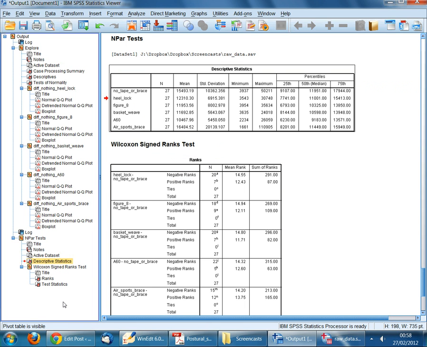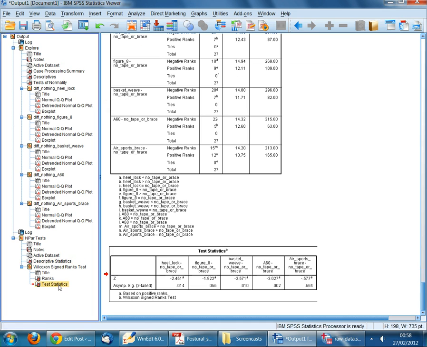Then go to the actual results, which are reported under Test Statistics, and what you look at here is the Asymptotic Significance (2-tailed) row. The reason it's a two-tailed test is that our initial hypothesis was that the taping and bracing techniques would make a difference to postural sway, but we did not specify whether we expected them to improve postural sway, so reduce the wobble that's observed, or whether we expected them to worsen the postural sway.